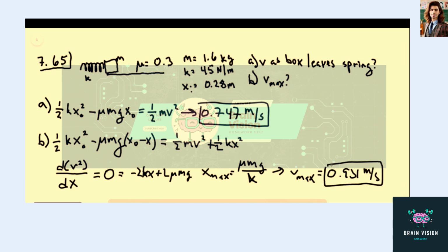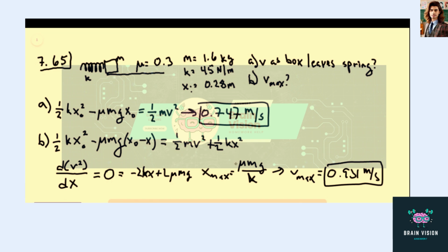And so it is the case that, depending on the coefficient of friction and the spring constant, it will reach its maximum speed sometime before it stops being forced by the spring, which makes sense because the force of friction is acting against the spring. The strength of the spring is decreasing as it expands, and so at some point it's going to reach a peak and then start coming down.